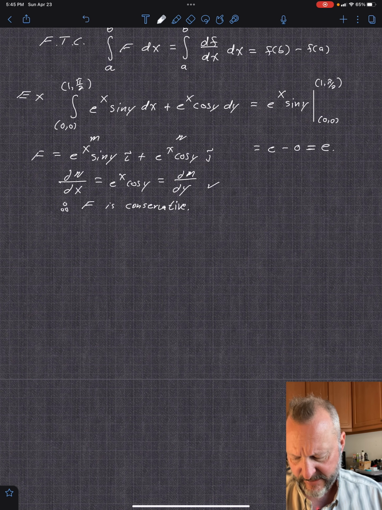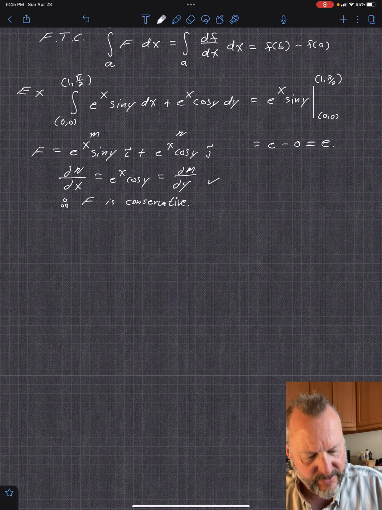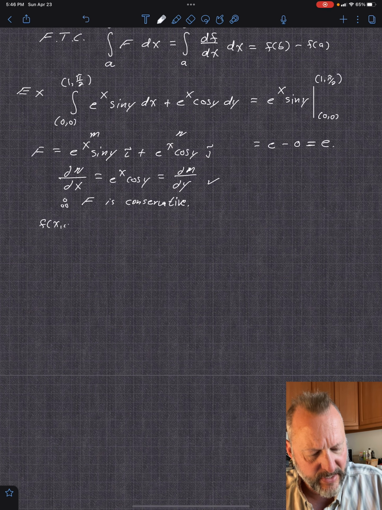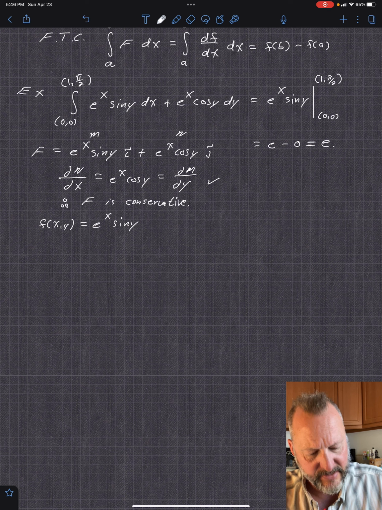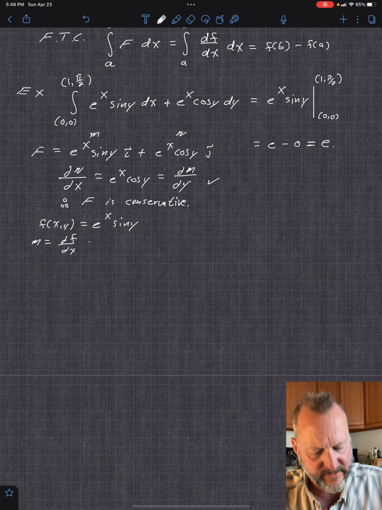Let's see, I guess I could show you that. You have f of x, y equal to e to the x sine y, and you can see that M is partial f with respect to x, which is e to the x sine y.